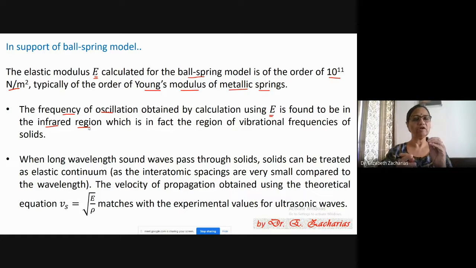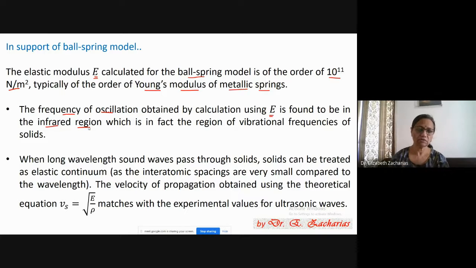When you allow electromagnetic radiation of certain frequency to fall on your material, depending on the vibrational frequency of the atoms there, it will absorb the radiation. Whichever frequency gets absorbed is the vibrational frequency of the atoms of that material. And the calculation we are doing matches with the normally seen vibrational frequency of solids. So theory and experimental observations are matching.